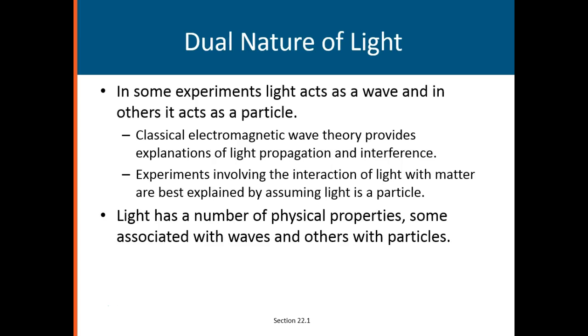The experiments involving the interaction of light with matter are best explained by assuming that light is a particle, but the classical electromagnetic wave theory shows light acting, in propagation and interference, like a wave. So both of these are true. Light has a number of physical properties. Some are associated with waves, others associated with its particle nature. Okay?